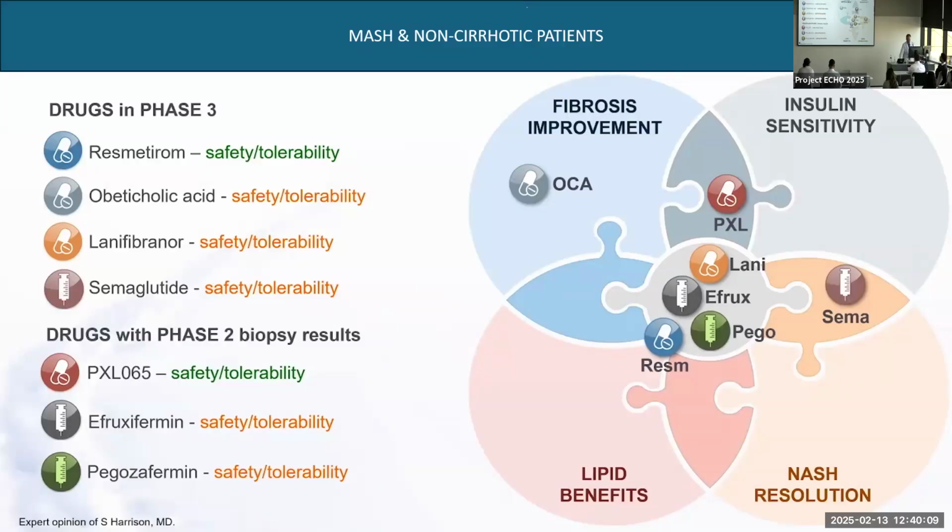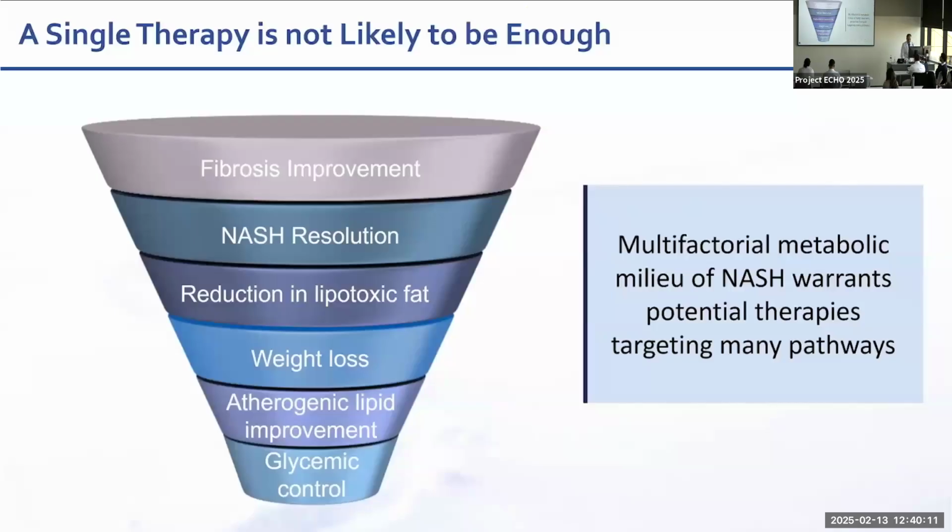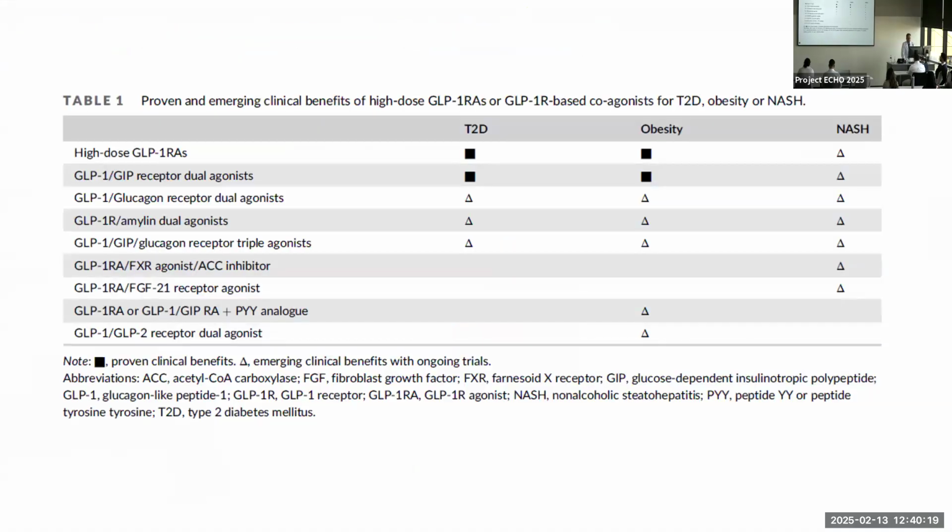So we are hopeful for the future. Still, probably one medication will not be enough. We need to treat multiple pathophysiological pathways. So here are the multiple-medication research studies. They're ongoing.